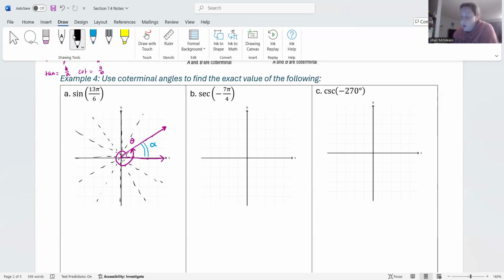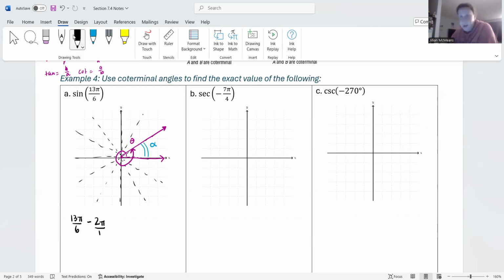So let's play around. We have 13 pi over 6. We did one full revolution, and we want to see how much more than one full revolution we completed. So we know that one full revolution in radians is 2 pi. Well, I need to rewrite 2 pi with a denominator of 6. So let's think of this as 2 pi over 1. Well, the LCD here would be 6.